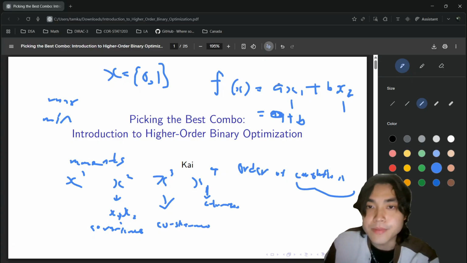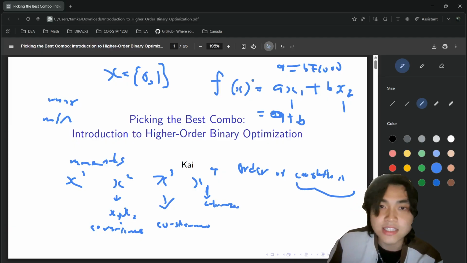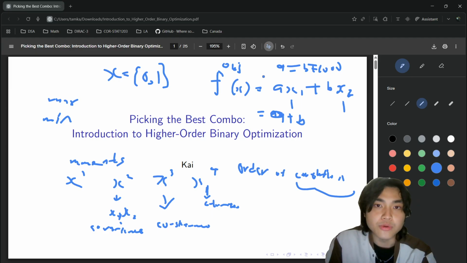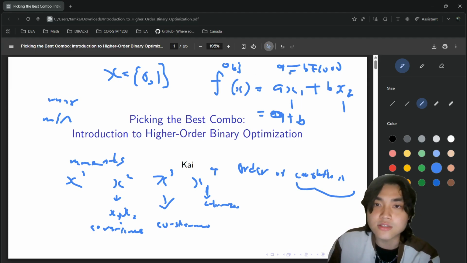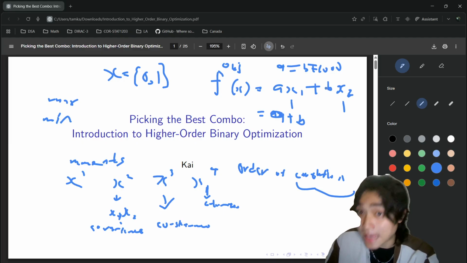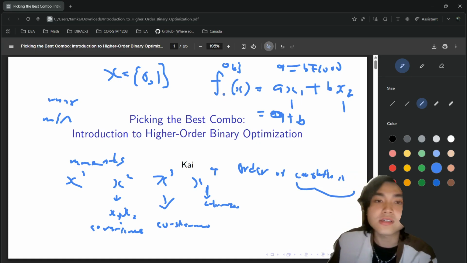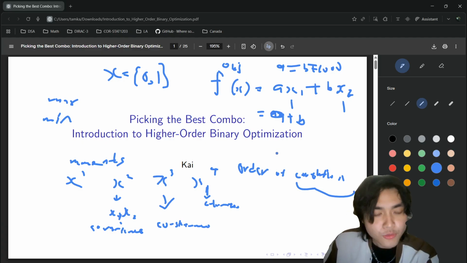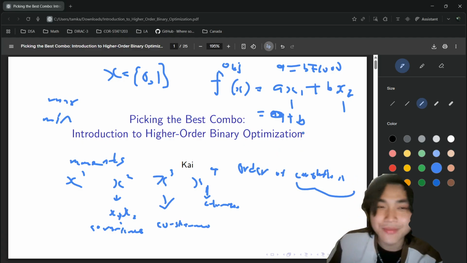Say A and B are both 1000, and we want to maximize the objective function. This is called the objective function. Then the solver will automatically choose to maximize A and B: 1 times A plus 1 times B. Because of that, our overall objective function will be 2000. Now, of course, here's the issue, right?